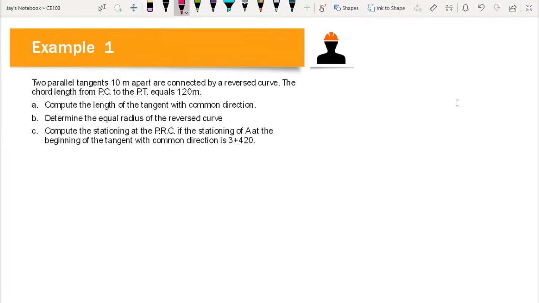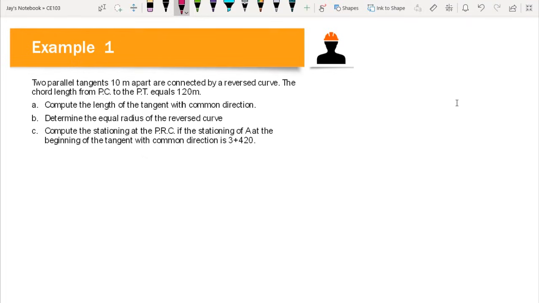And letter C: compute the stationing at the PRC if the stationing at the beginning of the tangent with common direction is 3 plus 420. So this is an example of a reverse curve with parallel backward and forward tangents.